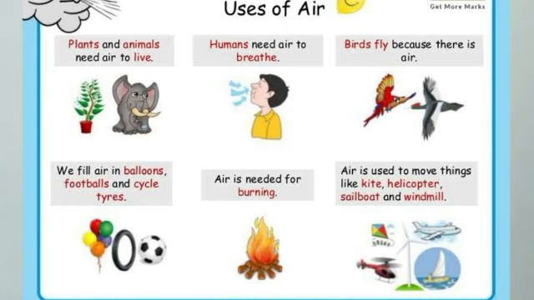And the second point is birds use air to fly. Then the third one, using this air we can fill up balloons, tires and football, etc. And the last point, air is needed for burning. So these are the 4 main uses of air.